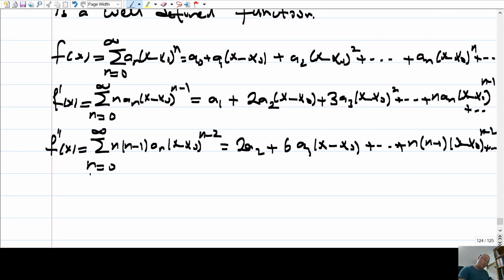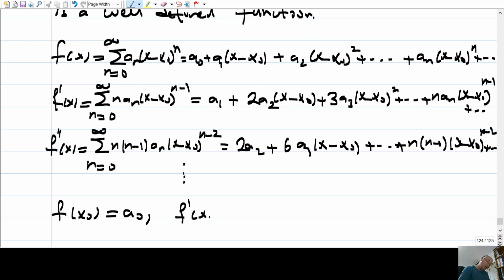Okay, the observation is that if I plug x0 in f, now all these terms vanish except the first term, so the result is just a0.